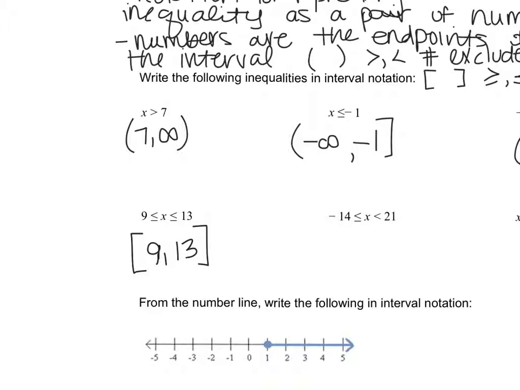One side could be a parenthesis and one side could be a bracket. And that's what we're going to see in our next example here. This is x has to be between -14 and 21, but it can be equal to -14, but it has to be strictly less than 21. So my numbers are still -14 and 21, but I'm going to have a bracket with the -14 since it's included and a parenthesis with the 21 since it is not.